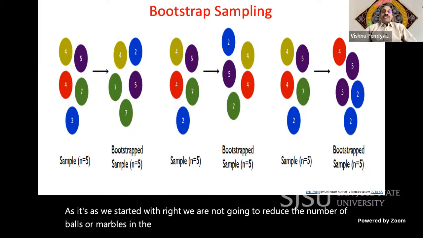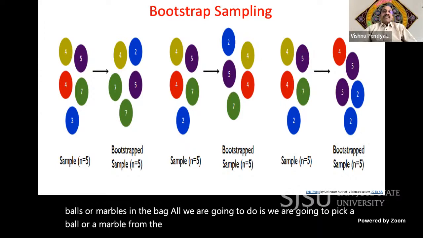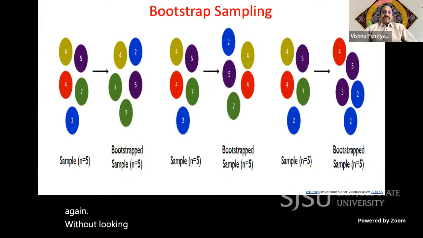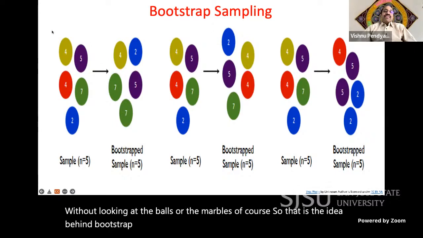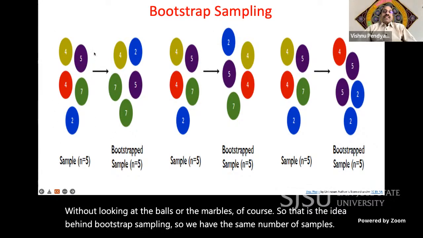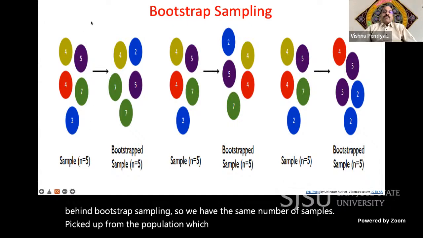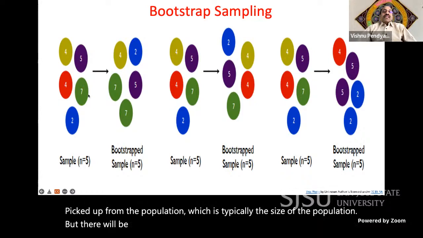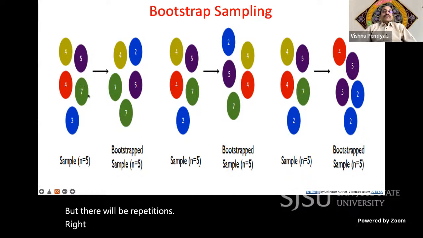All we are going to do is pick a ball or a marble from the bag and replace it back. We do that again and again, without looking at the balls or marbles, of course. That is the idea behind bootstrap sampling. So we have the same number of samples picked up from the population, which is typically the size of the population, but there will be repetitions, right? That is the idea behind bootstrap sampling.